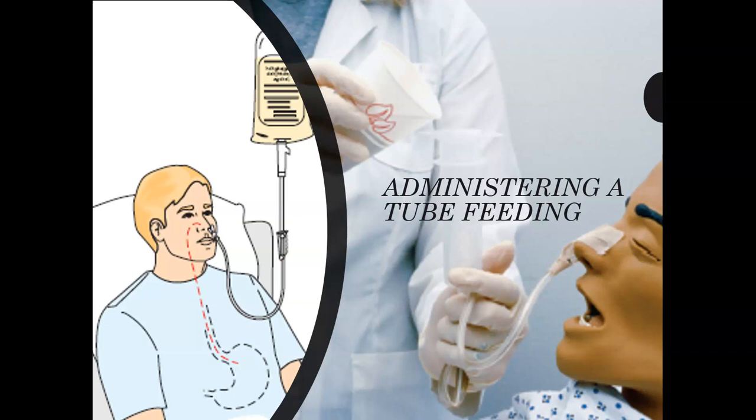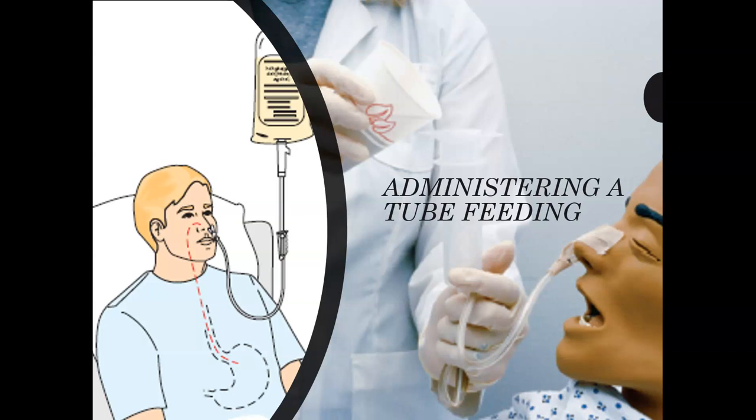And you're going to check residual. So what I mean when I say this is I'm going to get my piston syringe, draw back, and see how much of their stomach contents comes out. If they have been on feedings for some time, they might have some residual, okay? So if I'm pulling back and it just continues to come out, I'm measuring it. If I have 100 mils or more, I need to let the physician know.